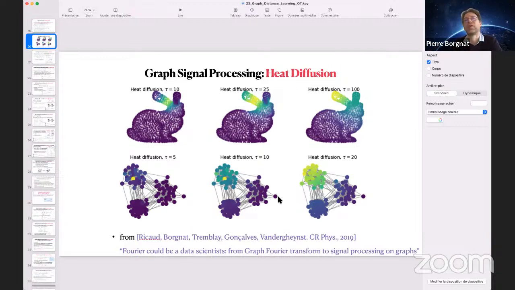So you can, for instance, transform this bunny into this social network and try to find the optimal coupling to go from one to the other. And so rotation would be just one different geometric transformation.